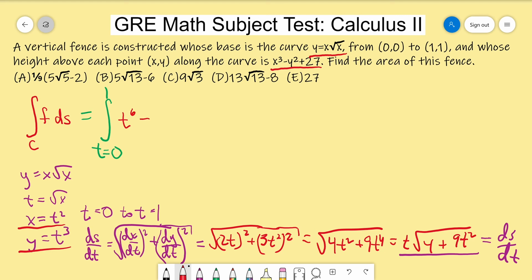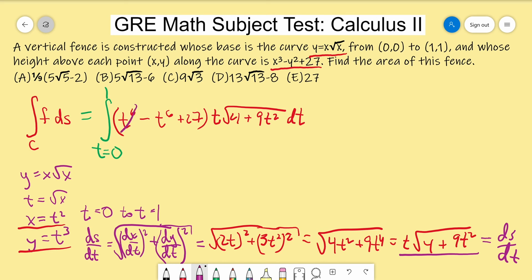So instead of y squared, we're going to write t cubed squared, which is again t to the 6th, so that's going to cancel out, plus 27. Now instead of ds, we're going to write this quantity, t times the square root of 4 plus 9t squared dt. That's our integral.